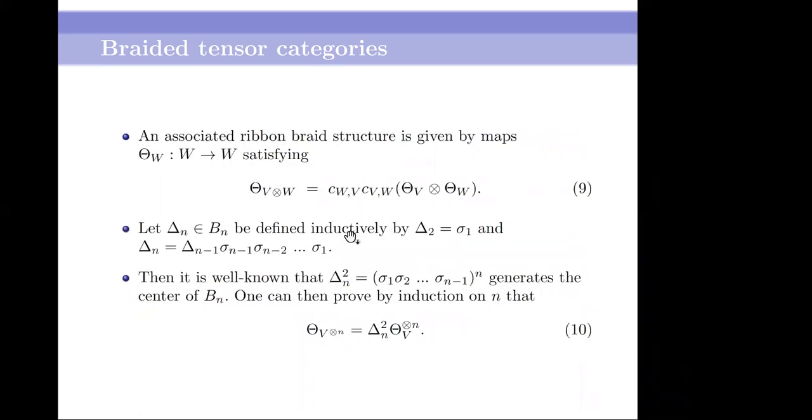And we have an associated ribbon braid structure, and it is given in the following way. Delta n is an element of the braid group defined inductively. So delta 2 is sigma 1, and we can define the rest consecutively in this way. And it is well known that the square of delta n generates the center of the braid group. And one can show that the ribbon map has the following relation.